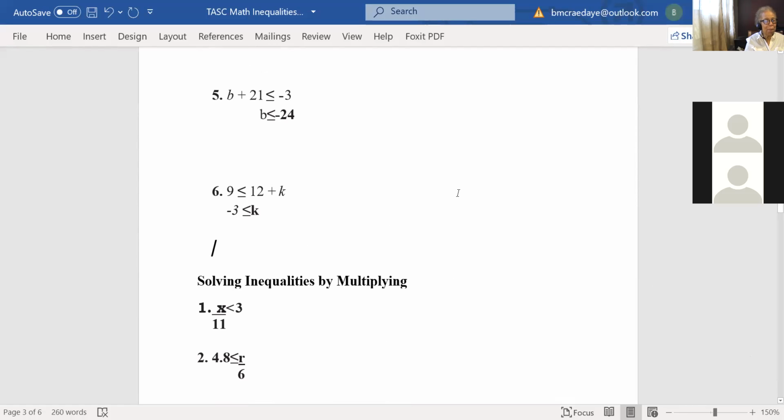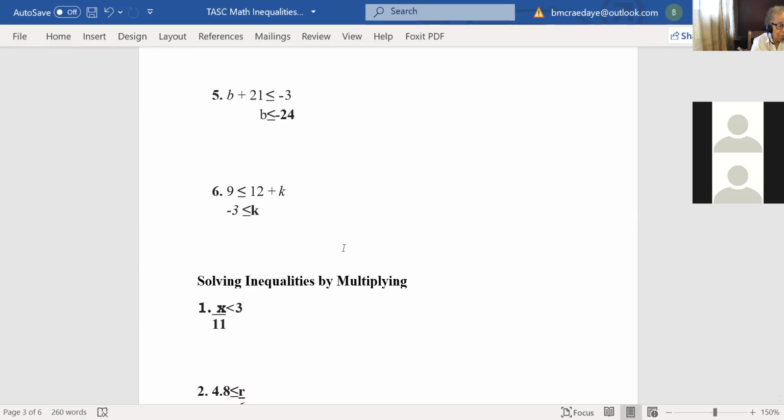Now let's look at multiplication. If it's a division, we'll multiply, right? If it says multiplying, that means it's a division. The opposite of division is multiplying. Now, if x over 11 is less than 3, what is x equal to?